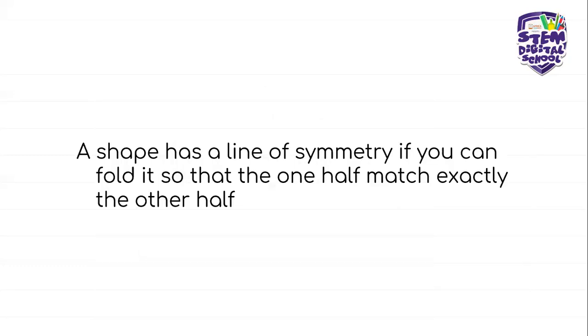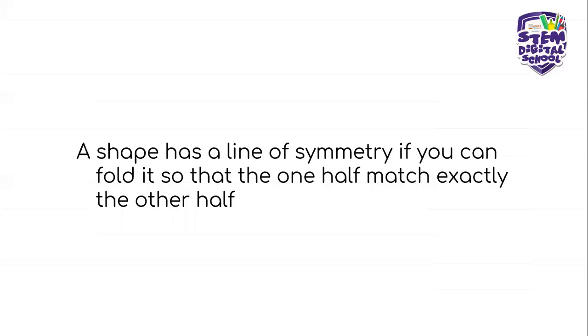Now, we say that a shape has a line of symmetry if you can fold it so that the one half matches exactly the other half. And that is how we also expand our definition. We say that a shape has a line of symmetry if you can fold it in such a way that the one half matches exactly the other half.